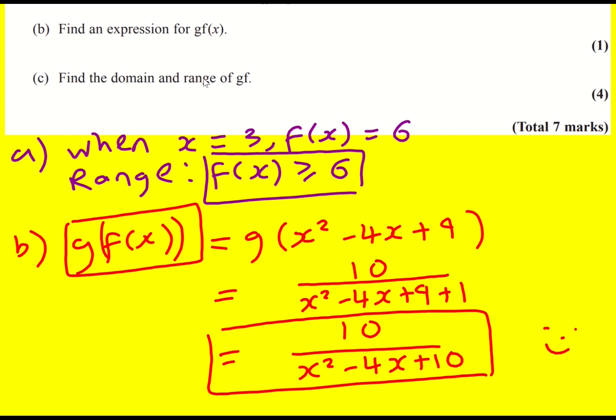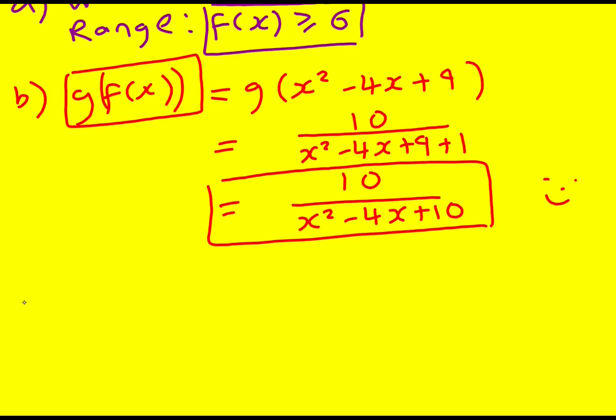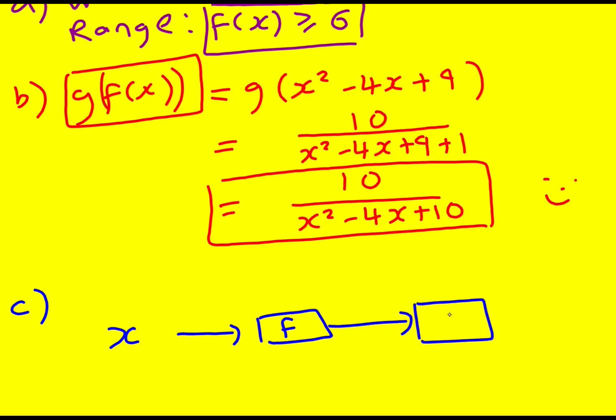So this last part is to find the domain and range of g of f of x. Now, here's what we've got to remember. We're starting with x, and we are putting it into this function f of x to start with, and then we are putting it into g of x, which gives us y.